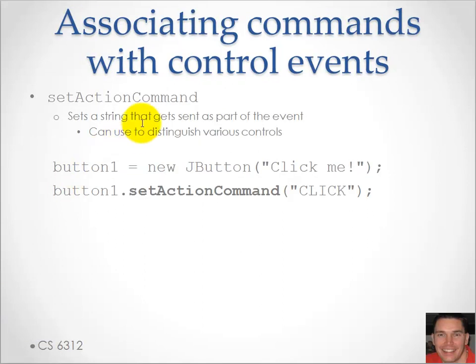What we need to do is set up some information with our component that's going to say when this is fired, pass some information along. So you can use something called the set action command method that says when the JButton is fired, the action command that I want to send with this is the word click. Then that is an identifier I can get out and see what information was passed along.